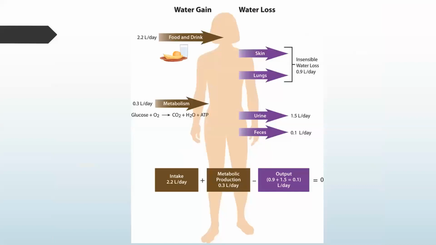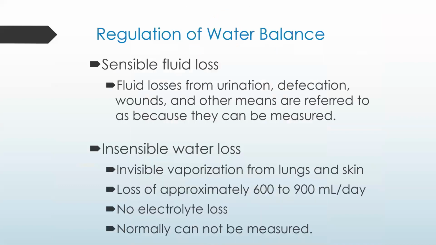This diagram shows you about how much fluid you take in through the day through drinking, food, and water, through your body's metabolism, how it is used, and then how it is excreted, so how the water is lost. There are two types of water loss.